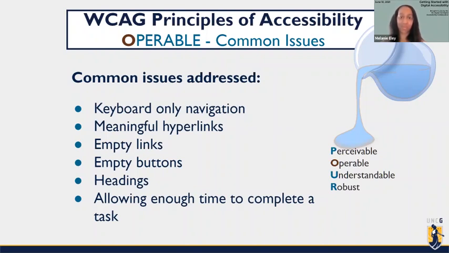The first one is, if I meet level AA conformance, does that mean I automatically meet level A conformance by default? I don't know if you would say by default. Well, in order to meet full AA conformance, then yes, you would.